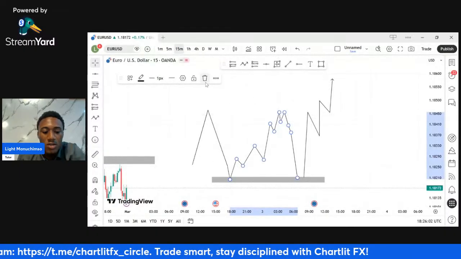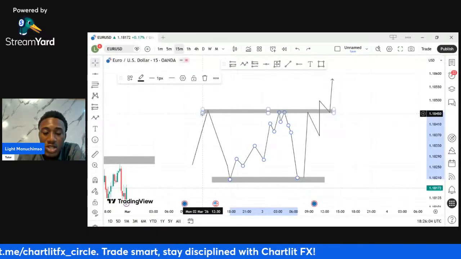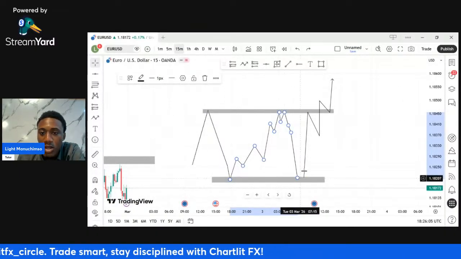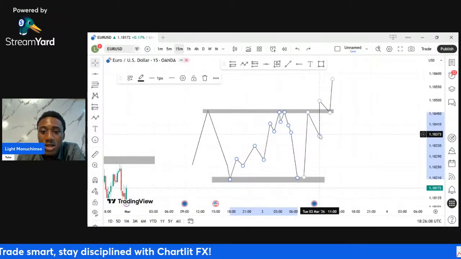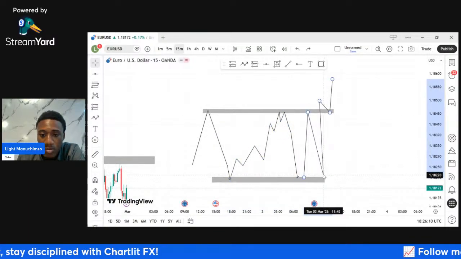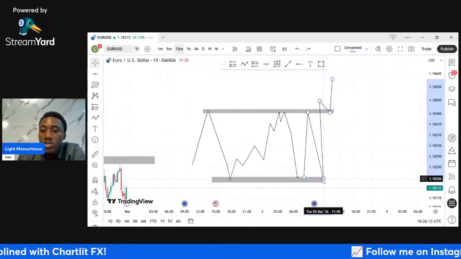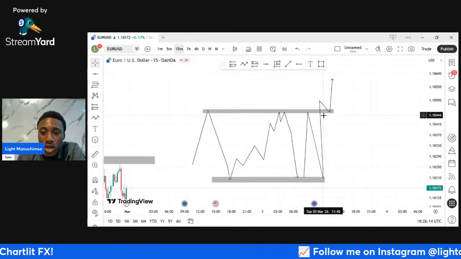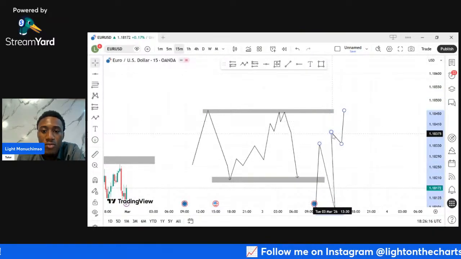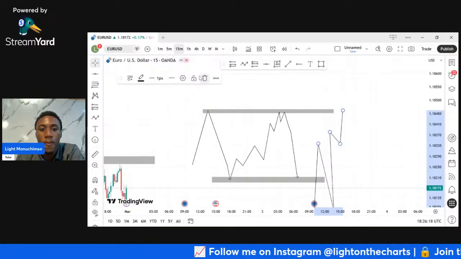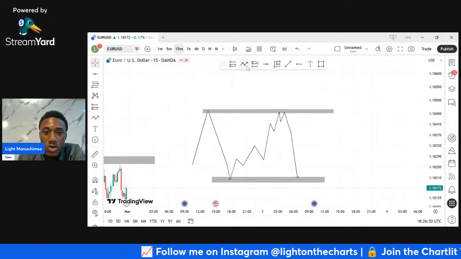Whenever I see a key level like this one, rejected here, dropped, rejected here, dropped, then whenever I get here again, all you should expect is that price rejects and drops again. Key levels are stronger, but the more it tests a key level, the weaker it becomes. At first, when it got here, it dropped.